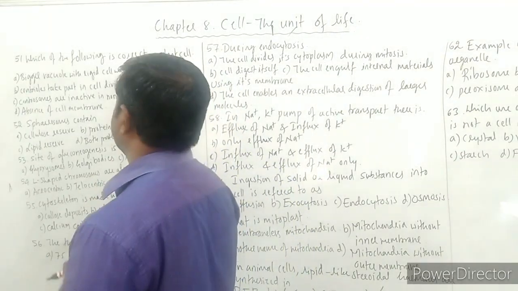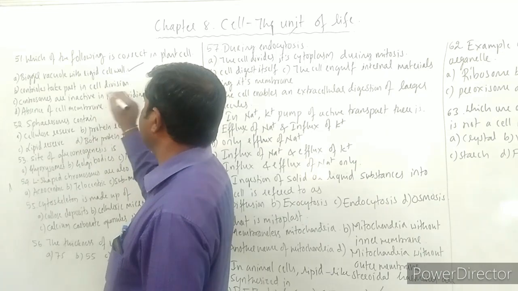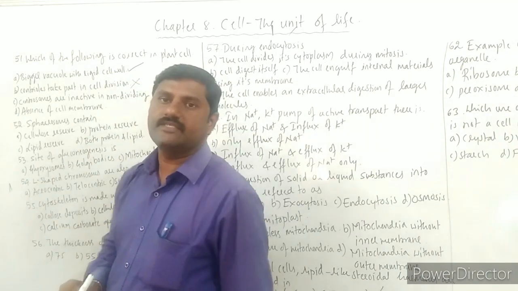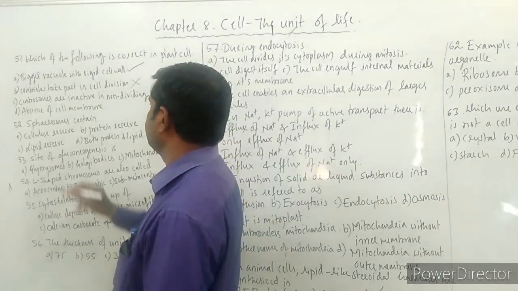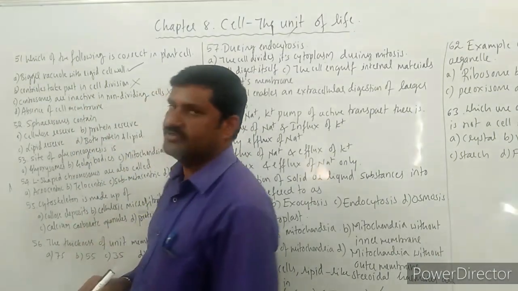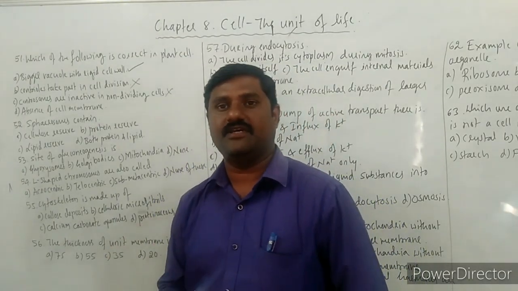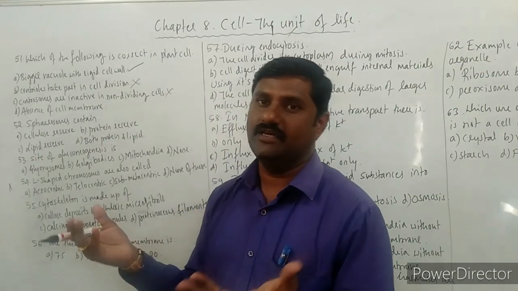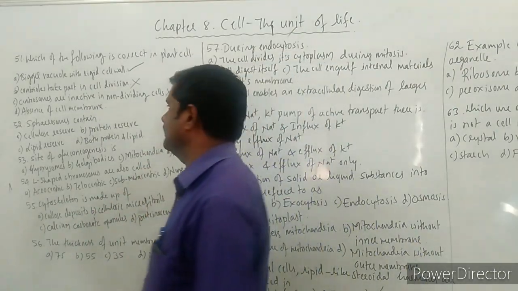The next statement is: centrioles take part in cell division. No, centrioles are not present in the cells of higher plants. Centrosomes are inactive in non-dividing cells. The centrosome itself consists of a pair of centrioles, so if centrioles are absent, automatically the centrosome is also absent.